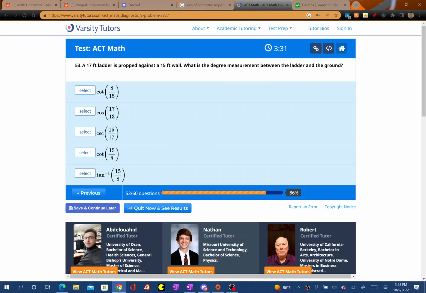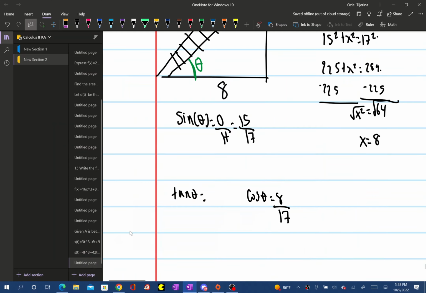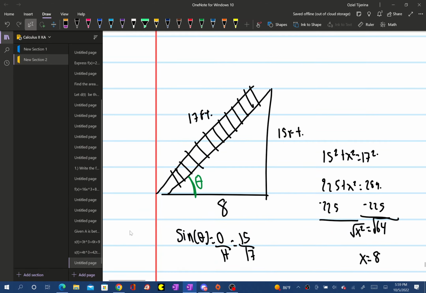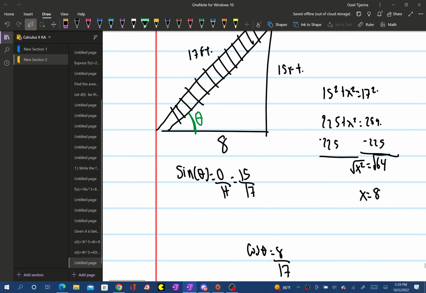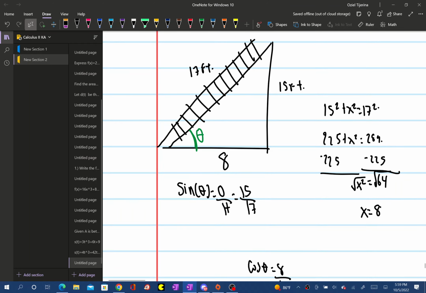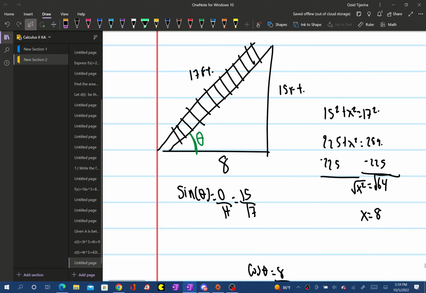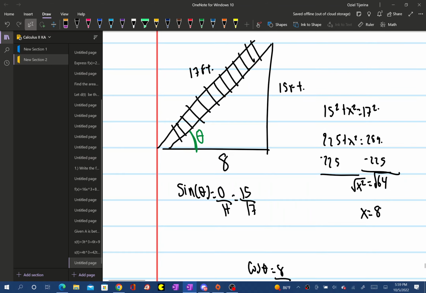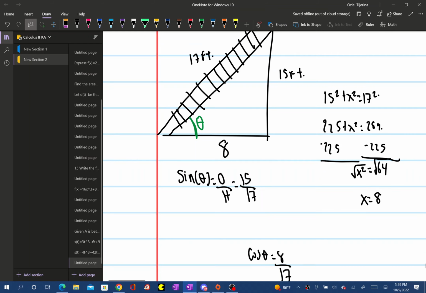So that means that, this is a hard one. Cosine theta is 8 over 17. Secant theta has to be 17 over 8.